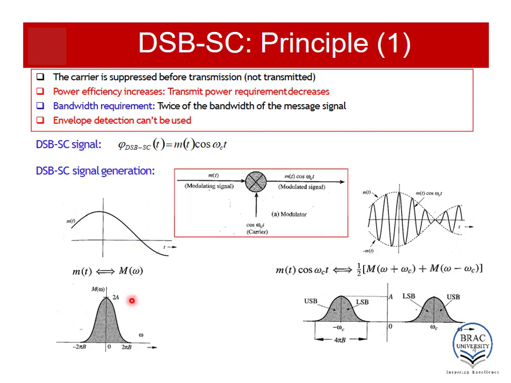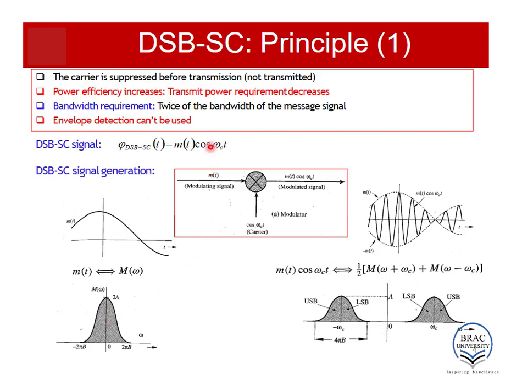Let's assume this is the frequency spectrum of this time domain signal. So when we are modulating this signal, the equation is m(t) cos ωct. As you can remember from the Fourier transform, when a signal is modulated with a cosine carrier, the spectrum of the signal is shifted to positive and negative values of the carrier frequency.